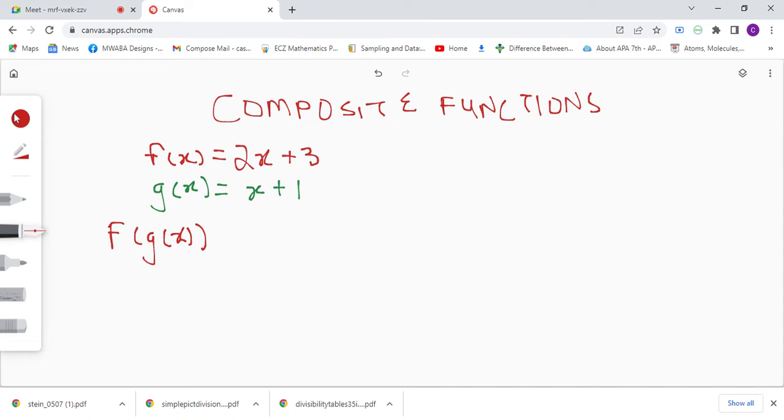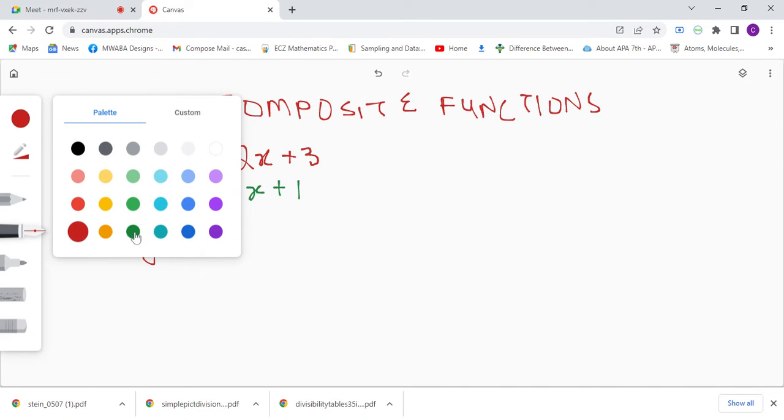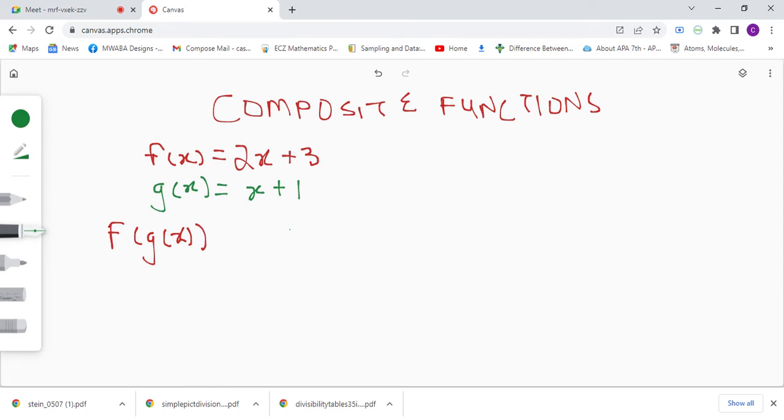What this is telling us is that in our function f, we're going to replace the x variable with the function g. Where we have this x variable will be replaced with this g function.